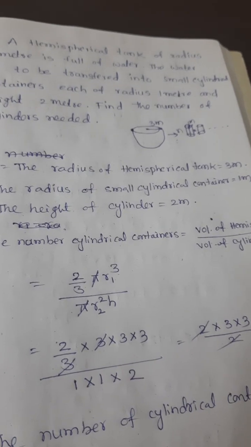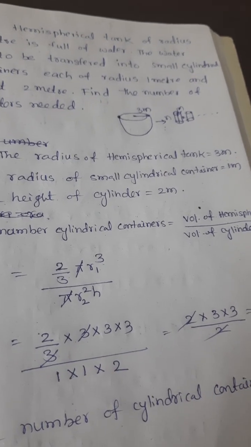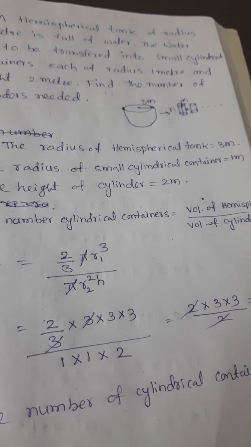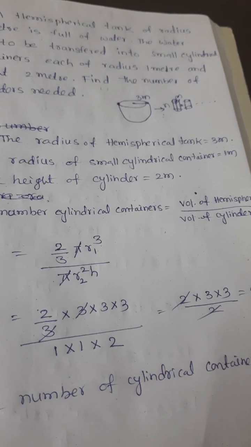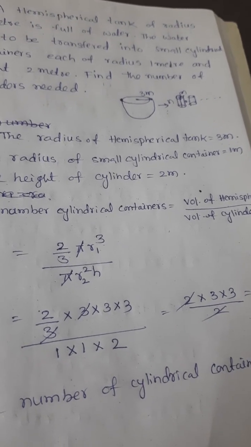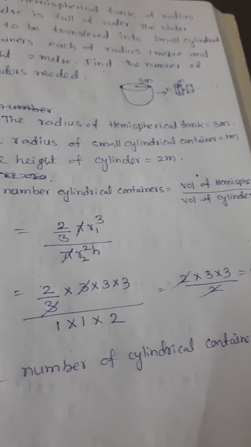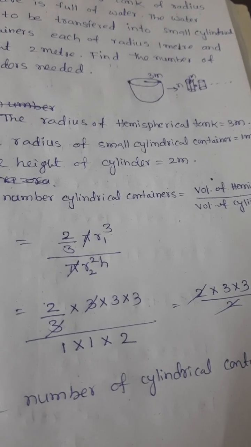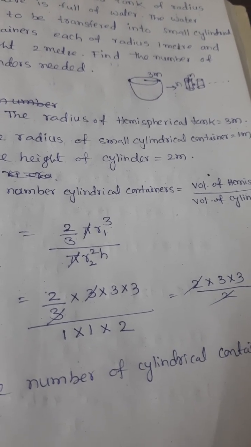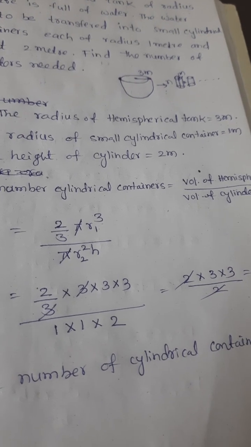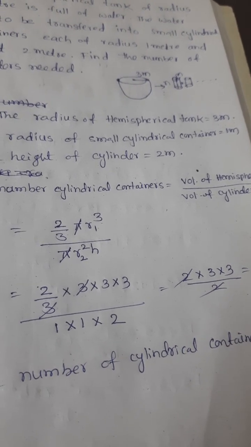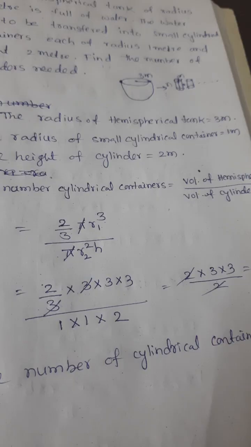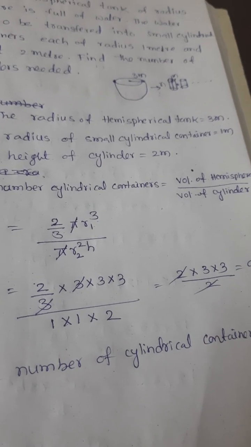So here volume of hemisphere means 2 by 3 pi r cube. And what is the volume of cylinder? Pi r square h. Here the radii are different, so the radius of the hemisphere is r1 and the radius of the cylinder is r2. Given r1 is equal to 3 meters and the radius of the cylinder is 1 meter.